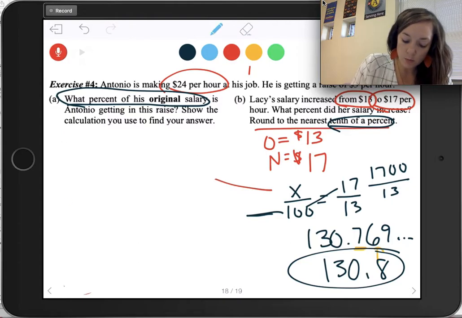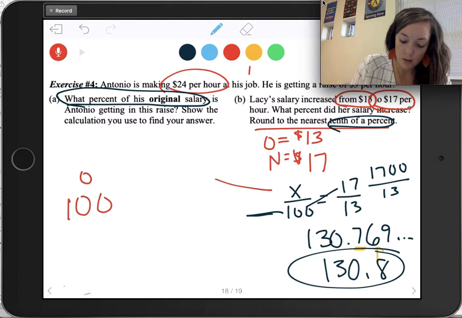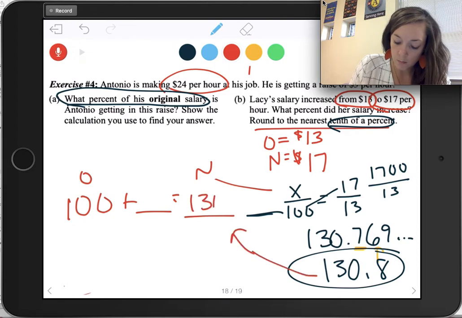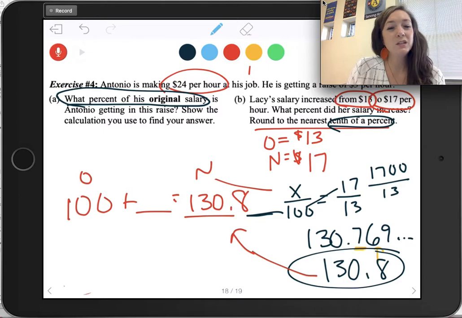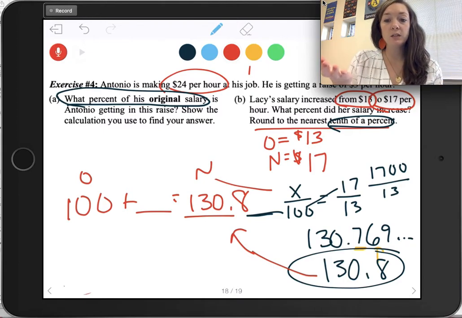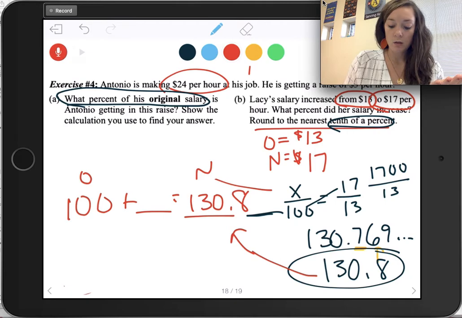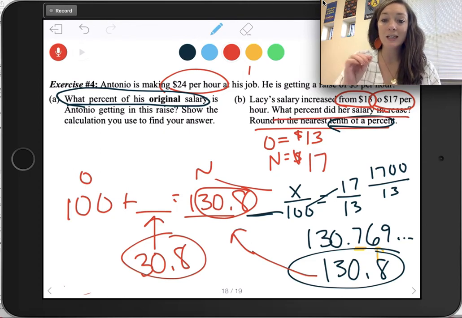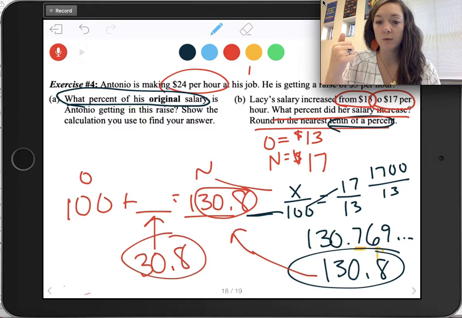So if my original percent is 100, I'm going to add something, and I get my new percent, which was 130.8. Well, this is pretty easy because we have 100 plus something gives us 130.8. Clearly, we're adding 30.8. So, what percent did her salary increase? It increased 30.8% to give us 130.8. Okay? Rewatch this part again if it's confusing because it can be very confusing sometimes.